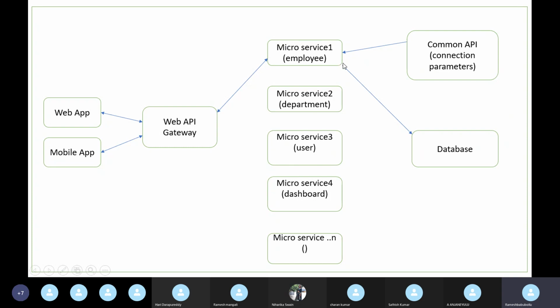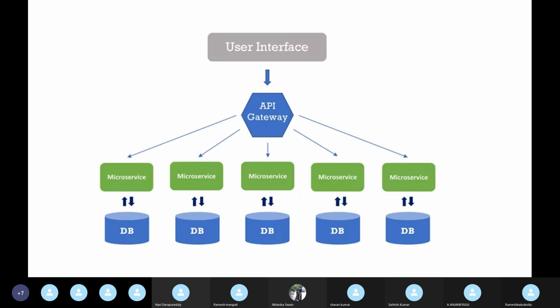Then it will connect to the database and get the response from the database by using the logic, and then the microservice sends that response to the web API gateway, and the web API gateway takes that response and gives it to the web application. So this is the flow. I think this diagram will be clear. If you understand this diagram, then this topic becomes easy.